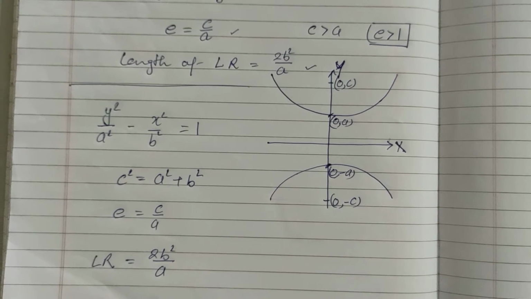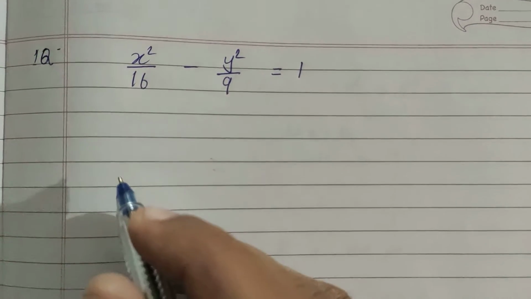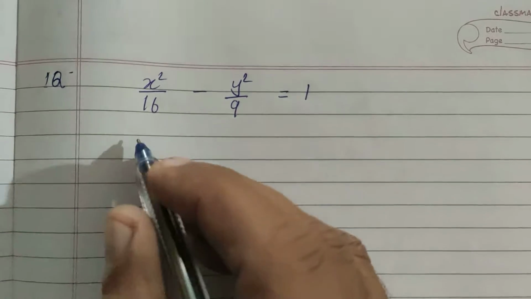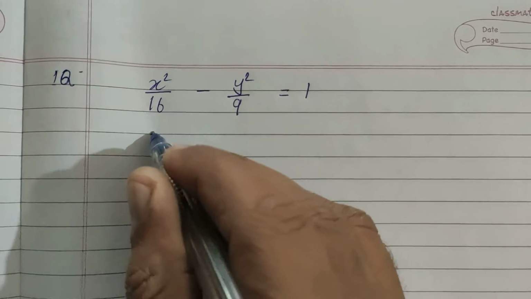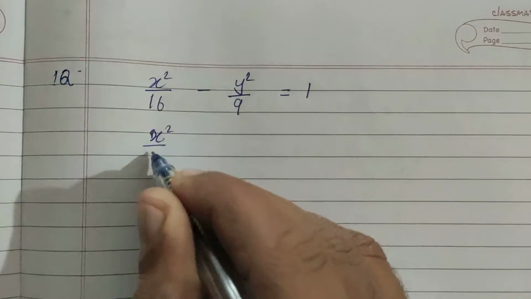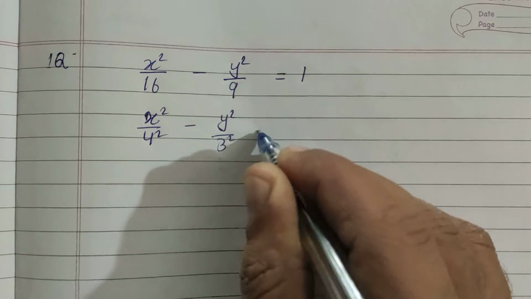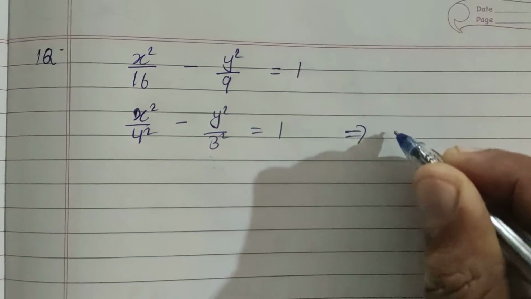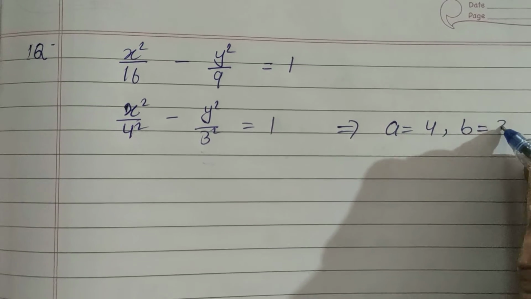Now I am taking one question. It is x square upon 16 minus y square upon 9 equals 1. So I could say it is x square upon 4 square minus y square upon 3 square equals 1. That implies a equals 4 and b equals 3.